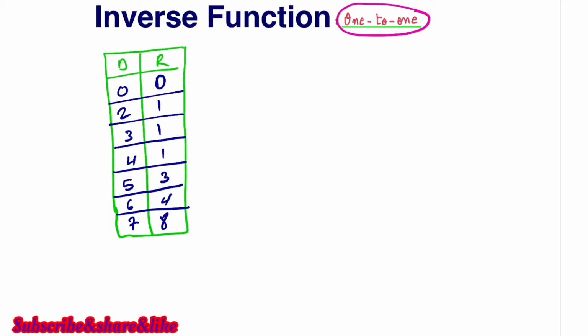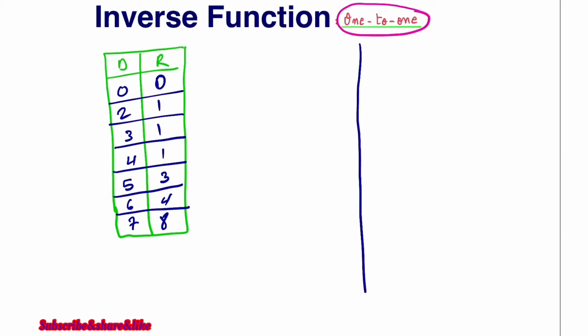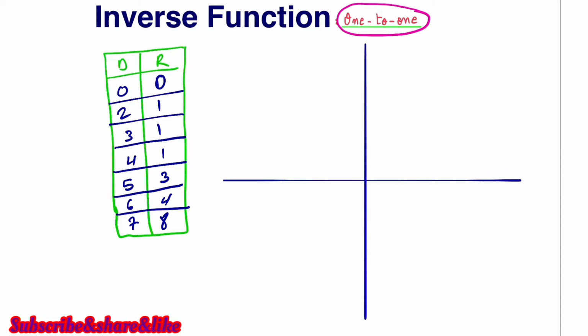Let's try to plot those points here. What are we going to get? First we have 1, 2, 3, 4, 5, 6, and 7, and 1, 2, 3, 4, 5, 6, 7, 8.